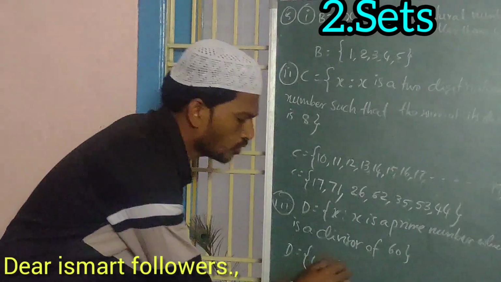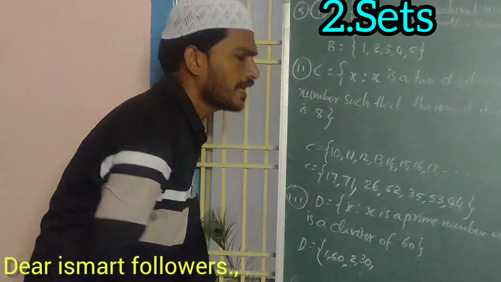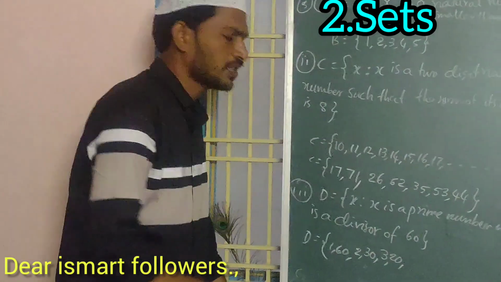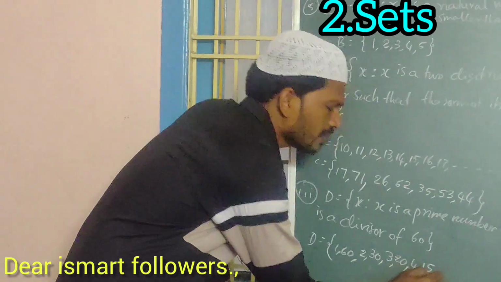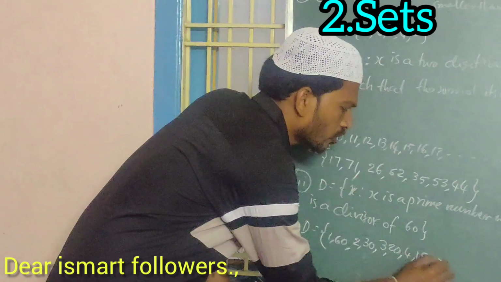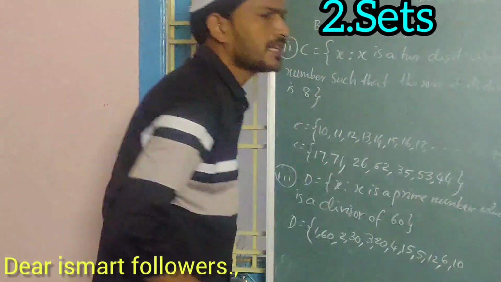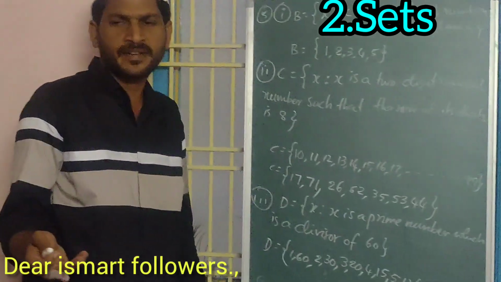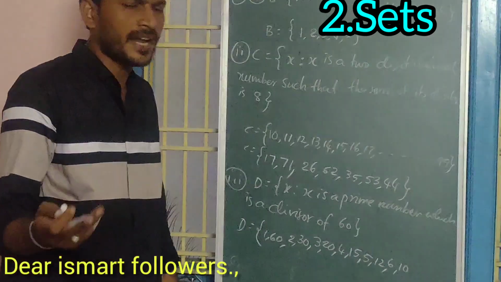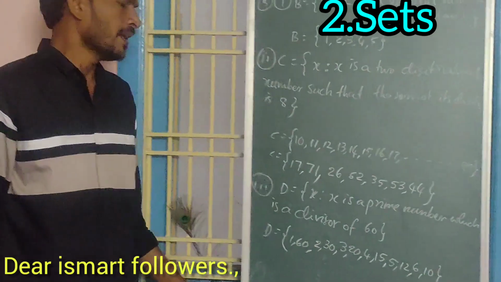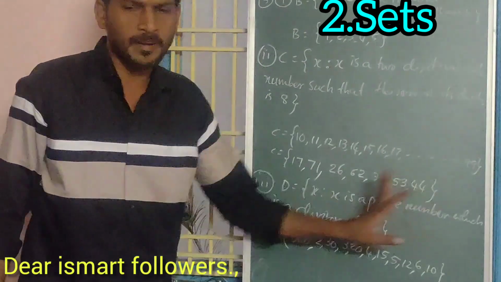Next 2, 2 times 30 is 60. Next 3, 3 times 20 is 60. Next 4, 4 times 15 is 60. 5, 5 times 12 is 60. Next 6, 6 times 10 is 60. 7, will not get in the 7 table. 8 table also will not get. 9 table also not. 10 6s are 60, both are the same. So stop the problem.